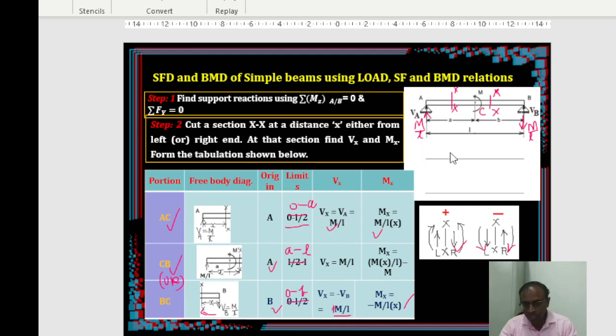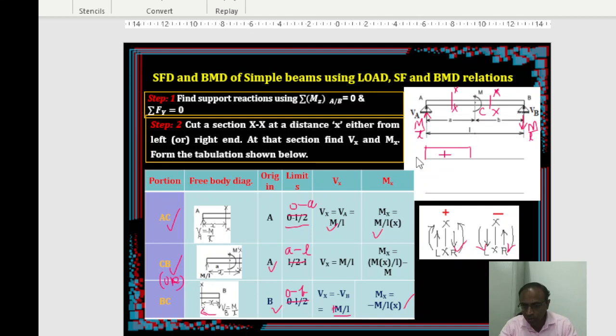Okay? So with this understanding, we can now plot the shear force and bending moment diagram. First, if you want to get the ordinate here, put 0 in this expression. There is a constant term, so you don't have to substitute anything for shear force. Simply M by L from 0 to A, you can mark it as M by L positive.